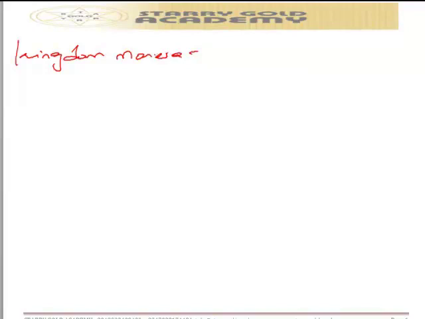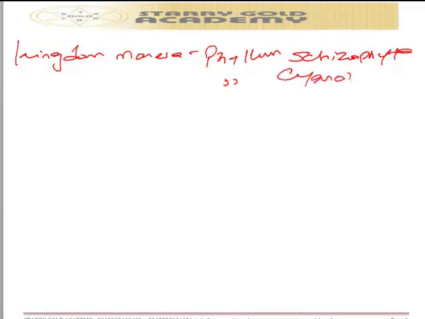The kingdom Monera has two phylums, right? Phylum Schizophyta and phylum Cyanophyta. That's the two we have.